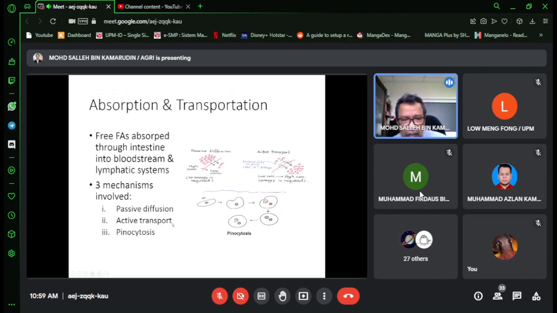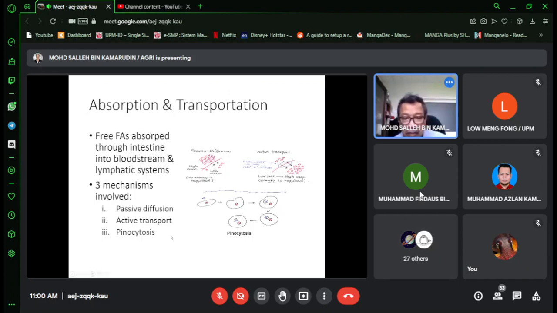And then we have active transport. And this transport is that the protein will act as a pump, and they would pump the lipid across the cells, and require high energy. Energy is required here because it's pumping from the low concentration of fat to the high concentration of fat.